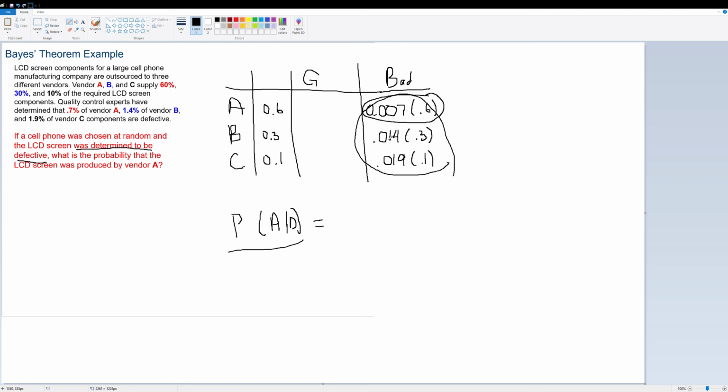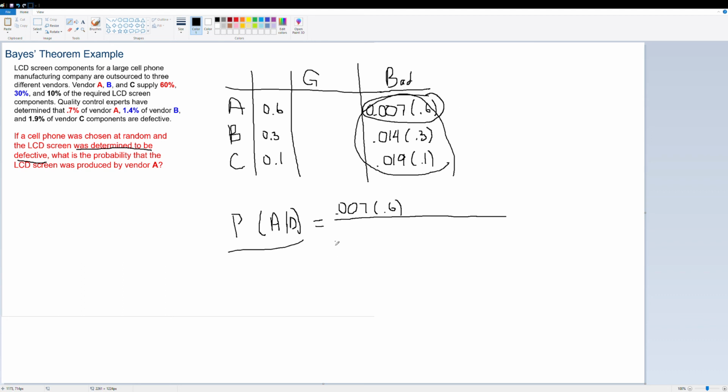What's important is that we get the answer correct. Obviously, if we were working probability all the time, the way we write that would be important, but for what we're doing right now, let's just get the answer right. So the probability that it came from vendor A, given that it's defective, is calculated by this equation. This event out of the total.